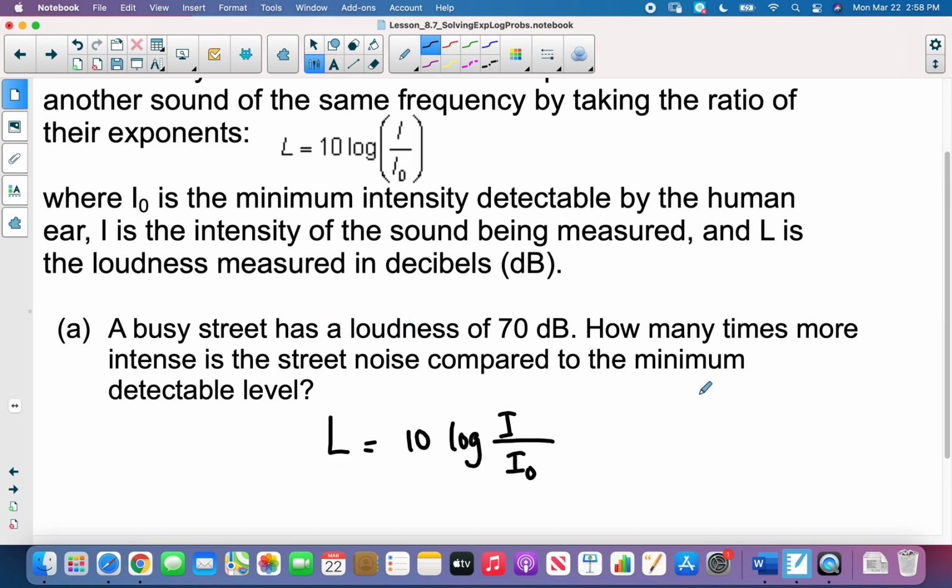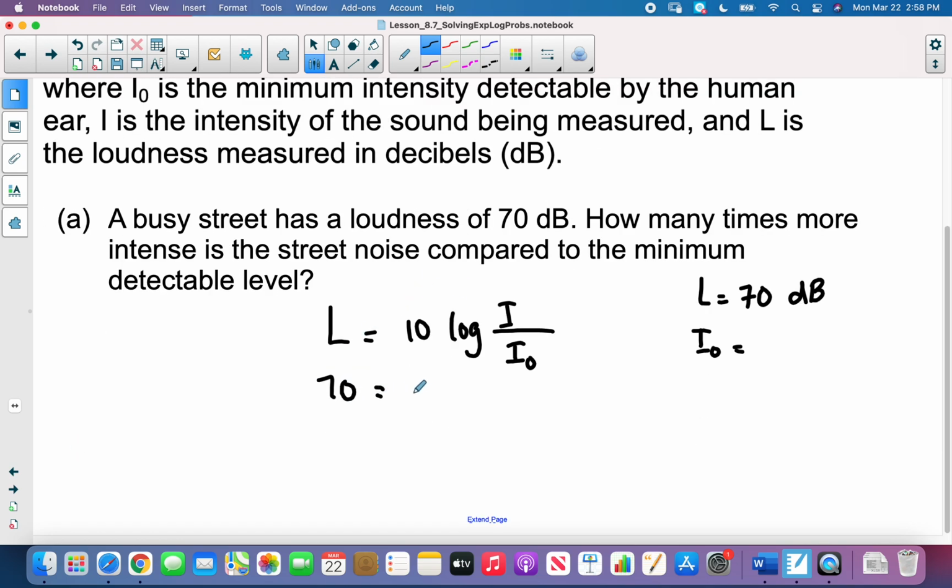In this busy street, the loudness is 70 decibels, and they're asking how many times more intense the street noise is compared to the minimum detectable level, which is I0. So 70 is equal to 10 times log of I divided by I0.